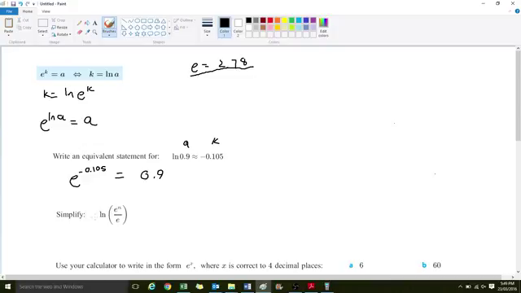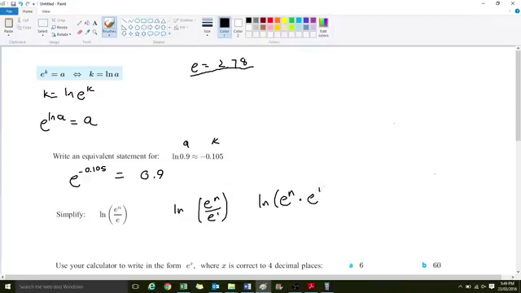Here we've got: simplify ln of e to the power of n on e. First we can see that we've got e to the power of n on e to the power of 1, and we can use an indices law to express this as ln of e to the power of n times by e to the power of minus 1. I'll do it nice and slowly so that we can see that we're expanding.